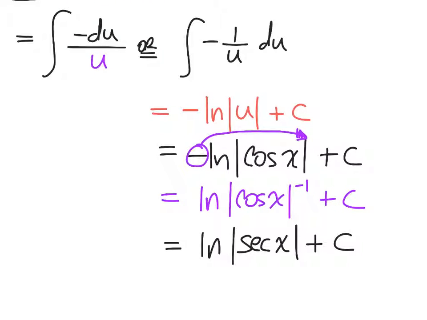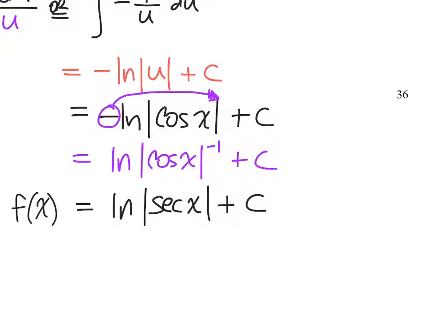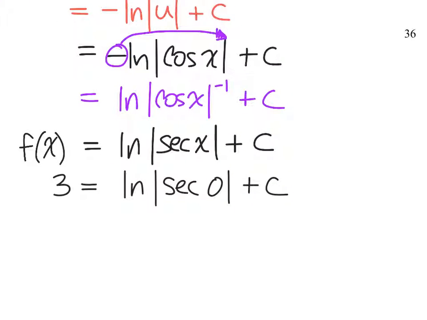But it's pretty important. So we have f of x equals that. Now our condition is f of 0 is equal to 3. So 3 is equal to ln of the secant of 0 plus c. So I just need to know what the secant of 0 is equal to.